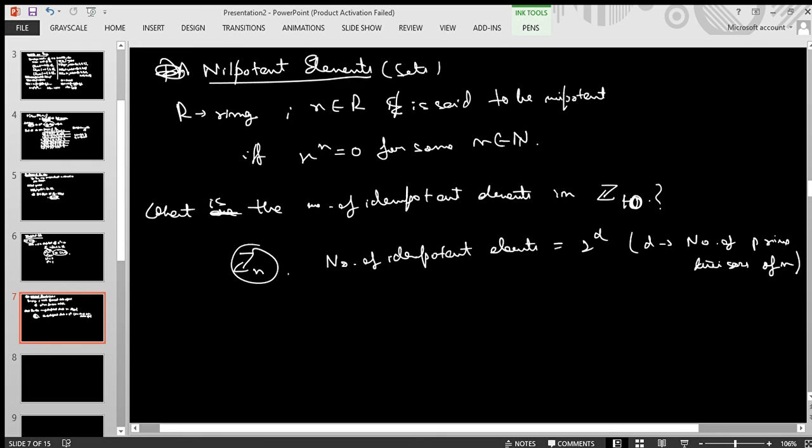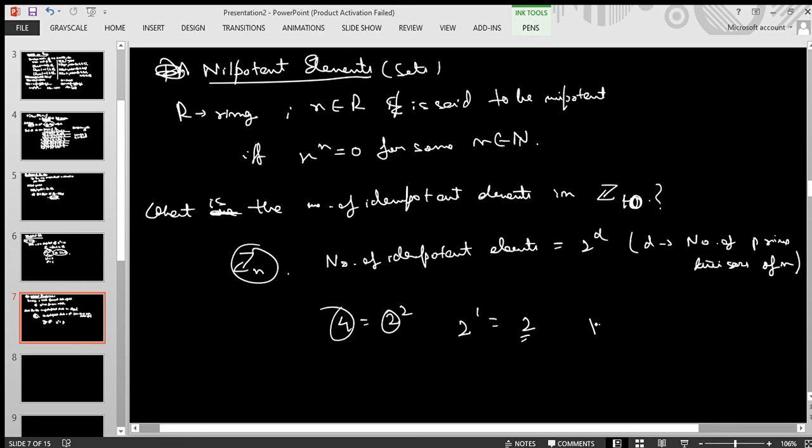In the previous one we saw Z4 had two idempotent elements. What were those? 0 and 1. So let's see whether we can verify that. 4 has only one prime divisor, that is 2. So 2 to the power 1 is 2. That means we have only two idempotent elements in Z4, right?